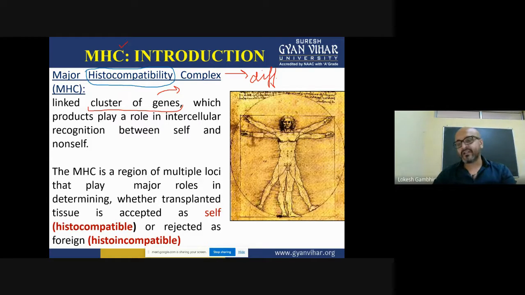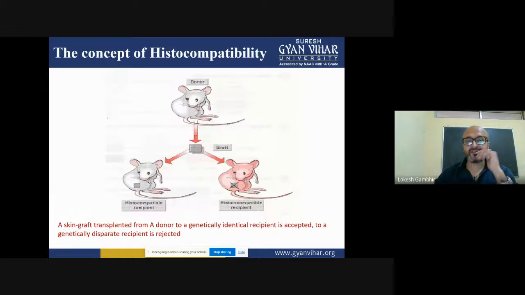Because initially it was discovered on the basis of graft rejection. Now what is graft rejection? Let me take you to this particular slide. I'm talking about transplanting a certain graft. Suppose there is a donor and a recipient which will be receiving, and suppose I want to graft a portion of skin on these animals.